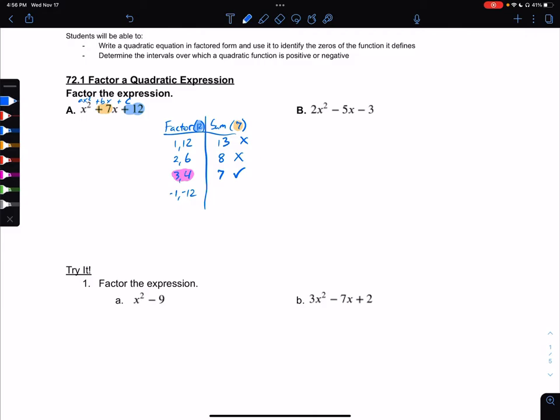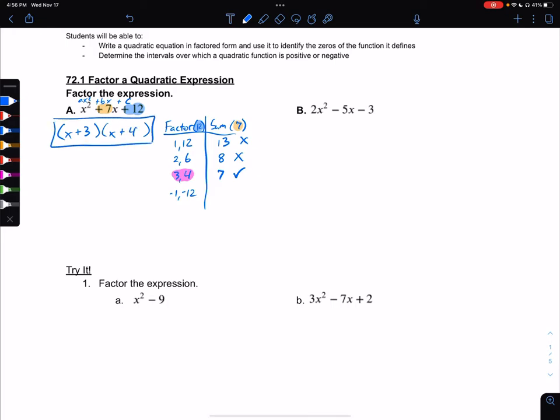What you can then do is take your expression, the quadratic trinomial, and break it up into two binomials, with our factors being positive 3 and positive 4. We would just say x plus 3 and x plus 4.